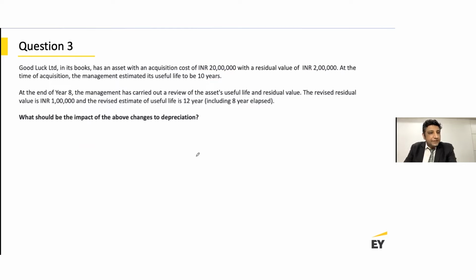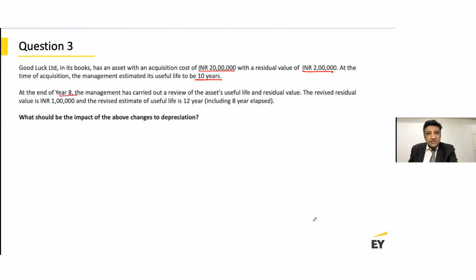We are provided with the information which says that Good Luck Limited in its books has an asset with an acquisition cost of 20 lakh rupees with a residual value of 2 lakh rupees. At the time of acquisition, the management estimated its useful life to be 10 years. At the end of year 8, the management has carried out a review of the asset's useful life and residual value.